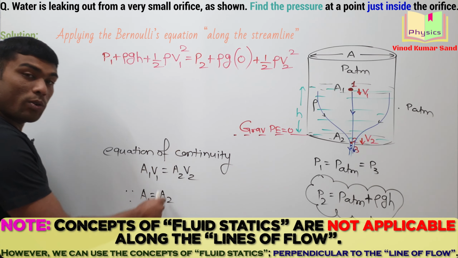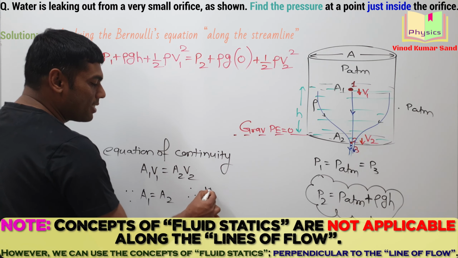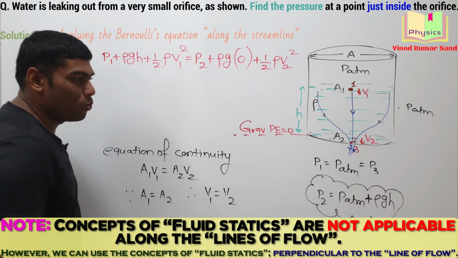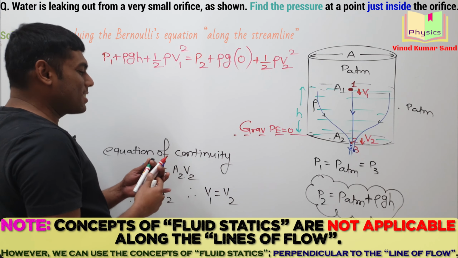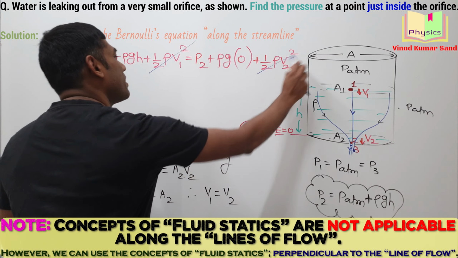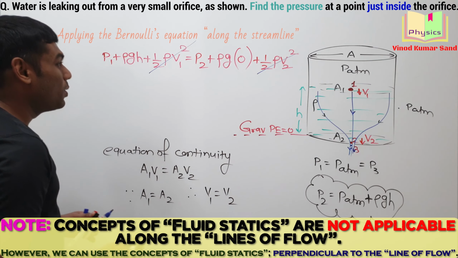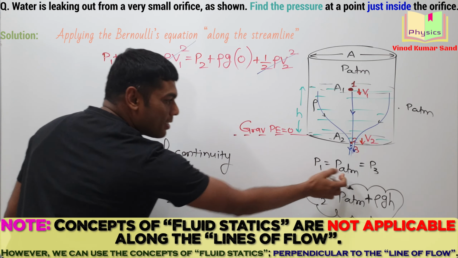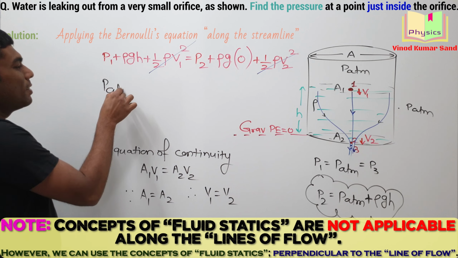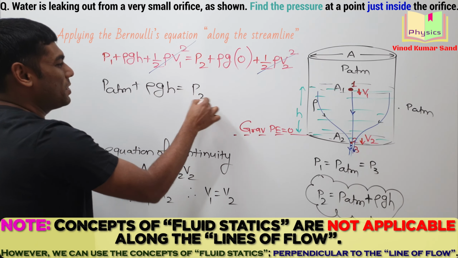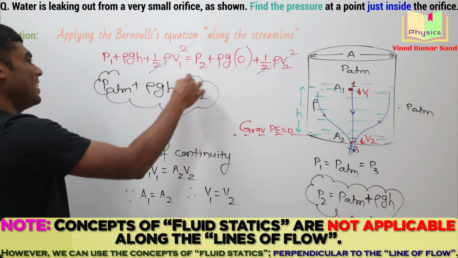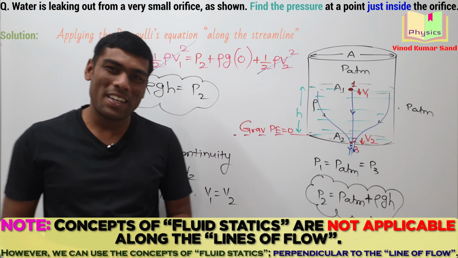If A1 is equal to A2, it directly indicates that V1 should be equal to V2. Do you agree? And if V1 is equal to V2, interestingly, we can eliminate this term. So, P1, which is P atm here, plus rho gh is equal to P2, and that's the required answer.